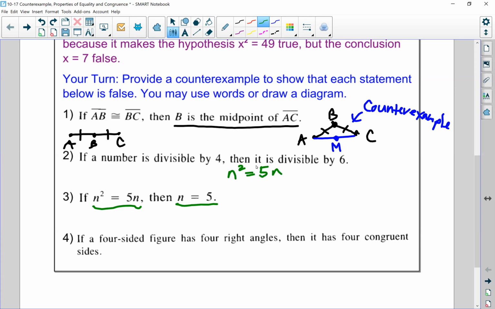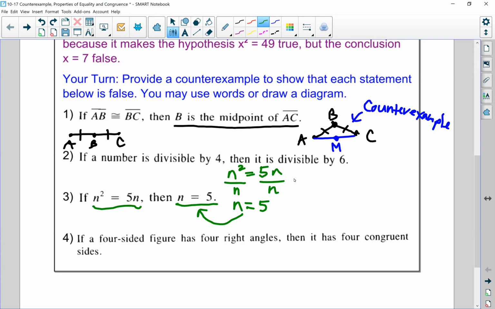When we solve something that has a second power, it's called a second degree or quadratic equation. So we're going to try to find all the values. If we try to divide by n, we would get n equals 5, giving us the same result as what we started with. That's not a counterexample then.